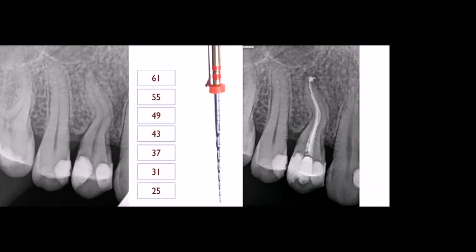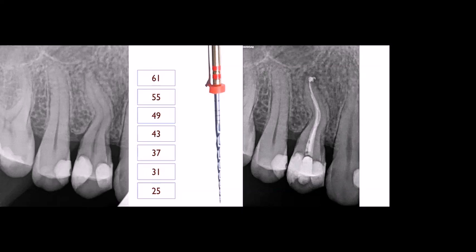But if instead of starting 2 millimeters shorter from the major foramen, the curvature starts 4 millimeters shorter, the diameter of the file will be 49. So the diameter is much higher at the point of 4 millimeters shorter than 2 millimeters shorter.